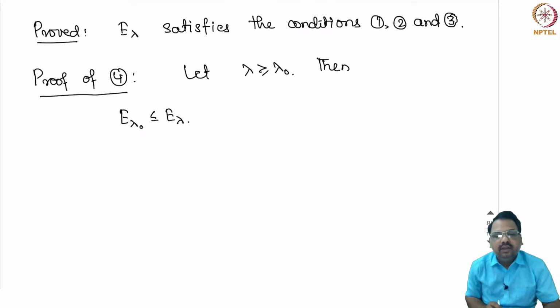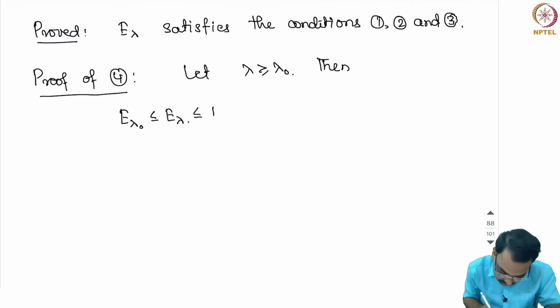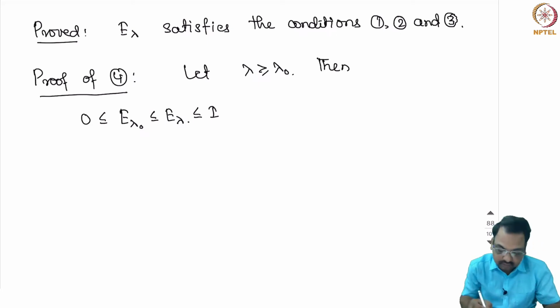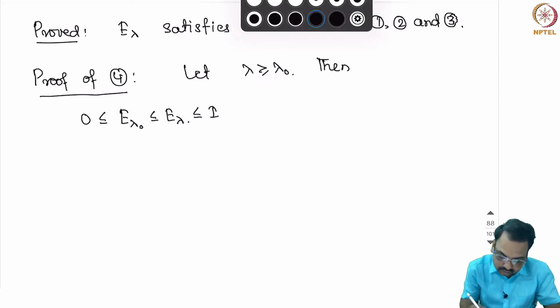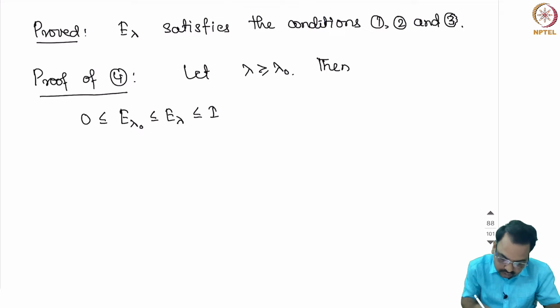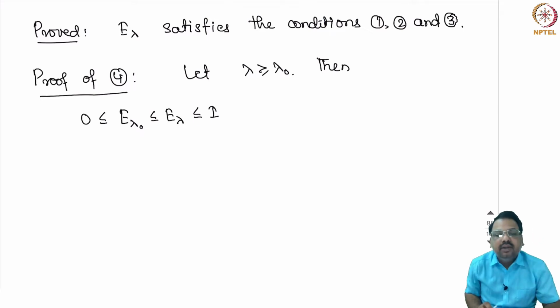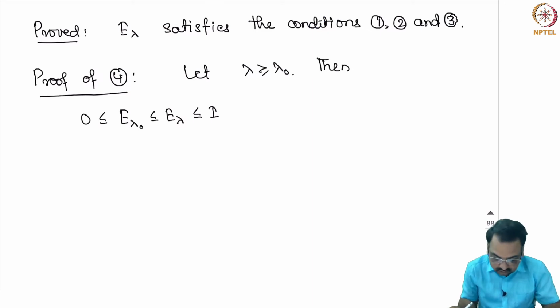So we already know that these E lambdas are bounded by identity. So E lambda naught is bigger than 0. And we know that E lambdas are increasing and they are bounded by the orthogonal projection, namely the identity operator.